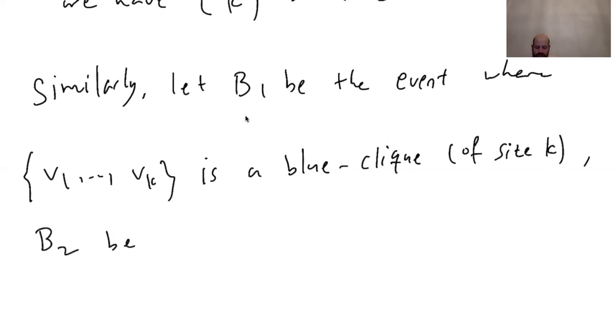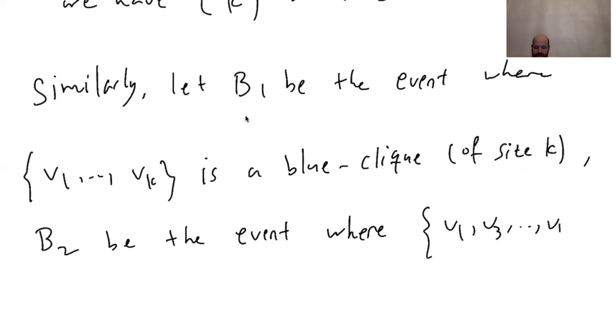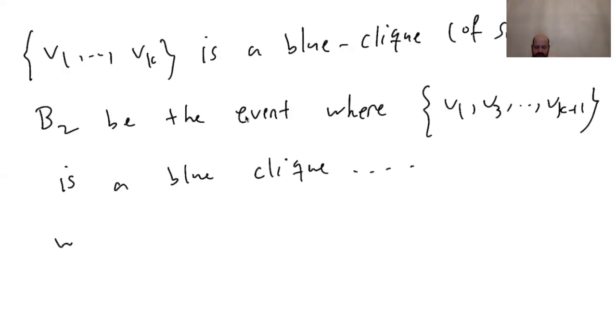Let B2 be the event where V1, V3 to V(k+1) is a blue clique. And again, we have n choose k such events.